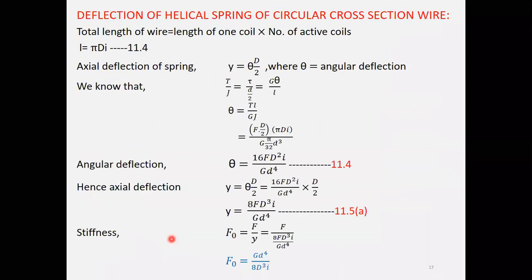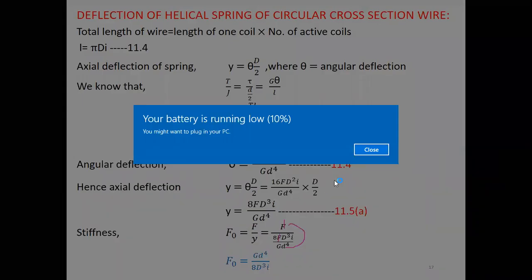Therefore, stiffness is equal to F divided by y. Now you have calculated the deflection. Substitute that deflection value here and you will get the stiffness. If you take this term to the denominator, this F will get cancelled, and it will go to the numerator.